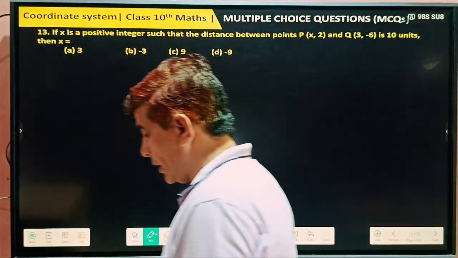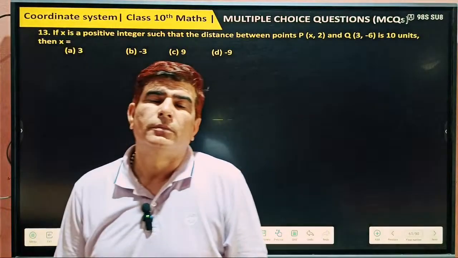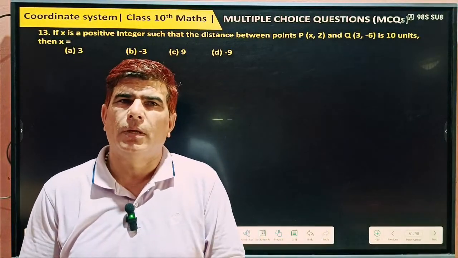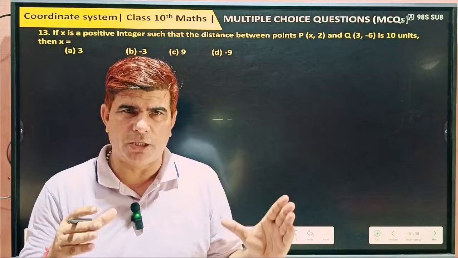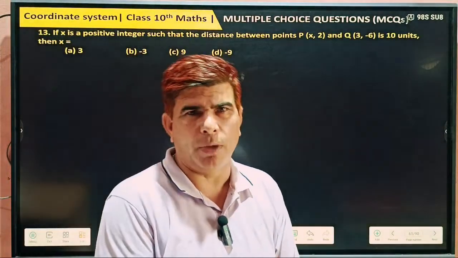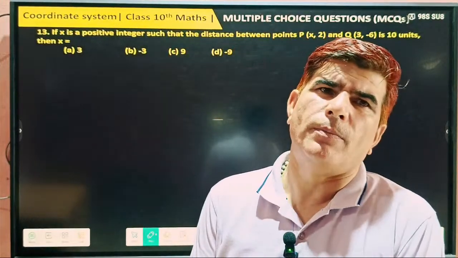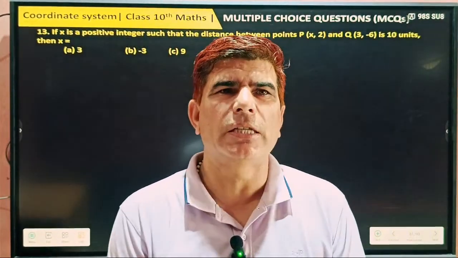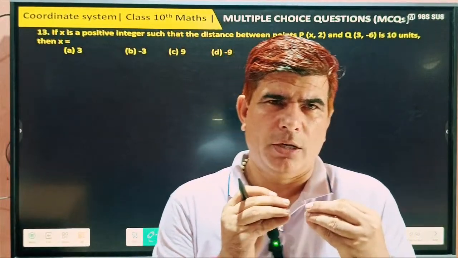Positive integers are equal to what? Natural numbers. And its actual definition is this: integers are the combination of whole numbers and negatives of natural numbers. This is the complete definition of an integer.